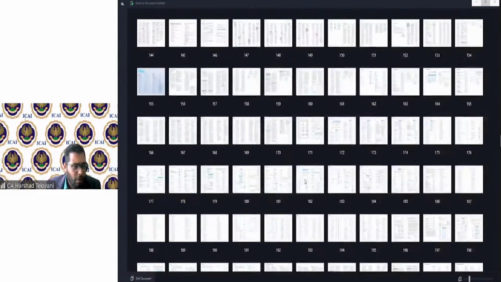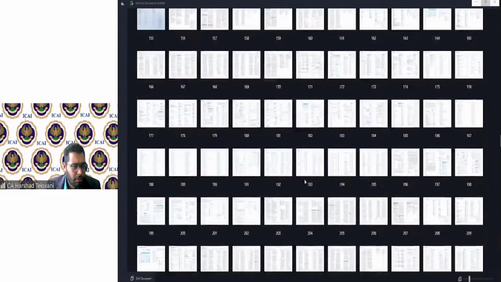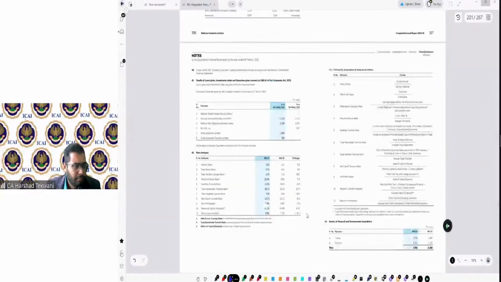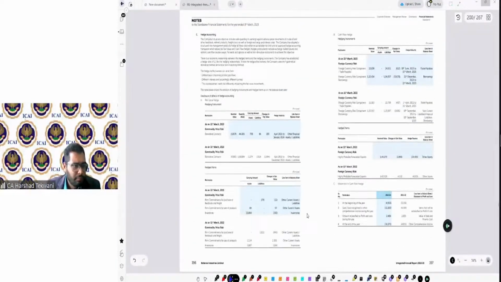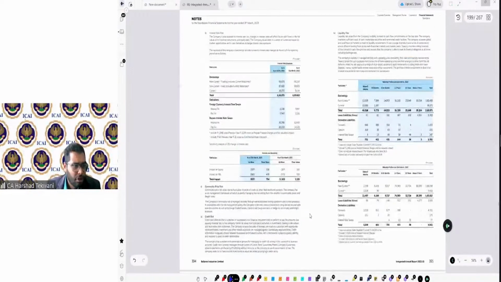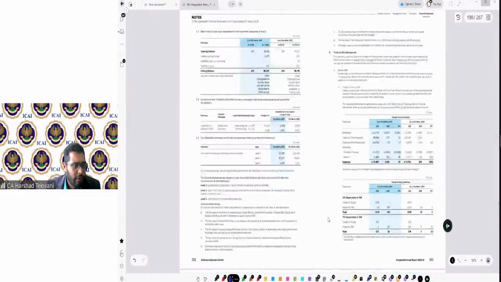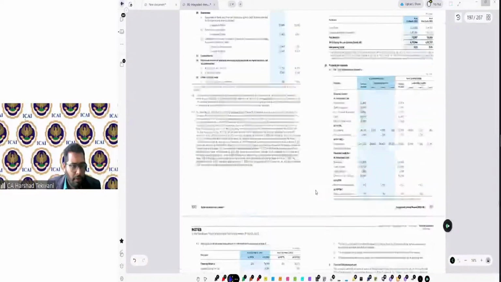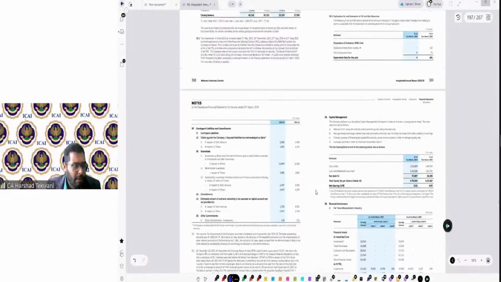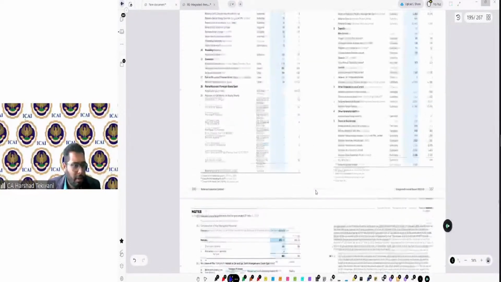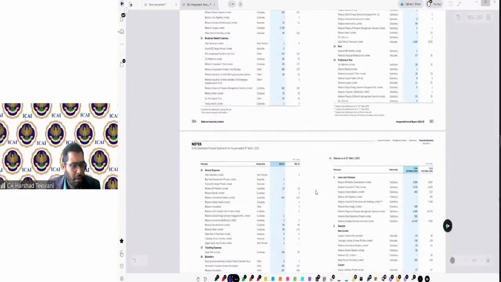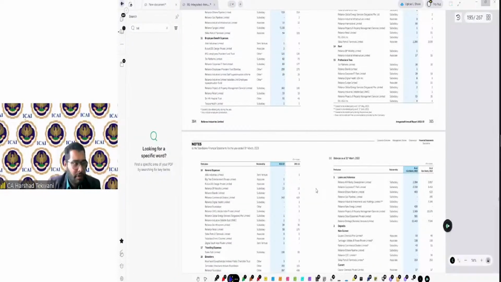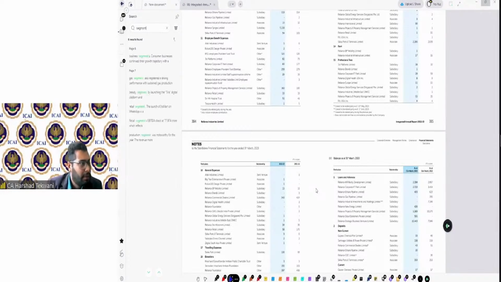Segment information. Just a minute. Hedge accounting, liquidity risk, reconciliation, fair value, capital management, contingent liability. Let me check for a segment.